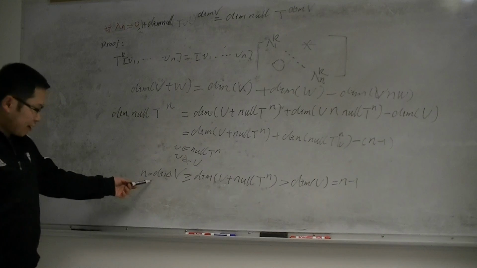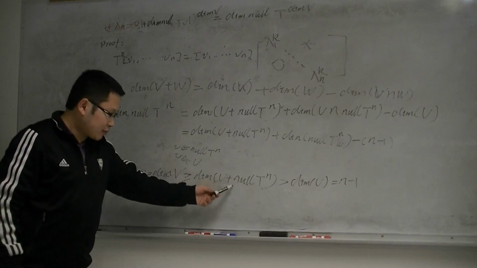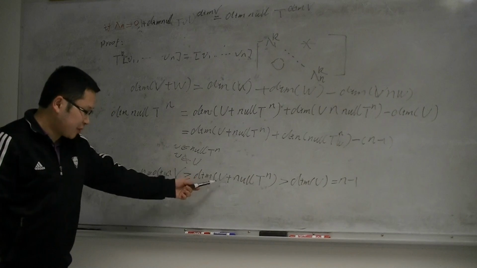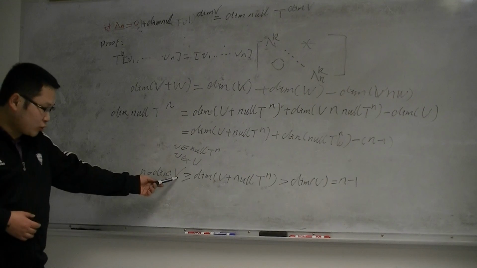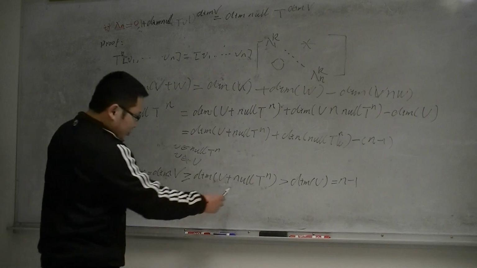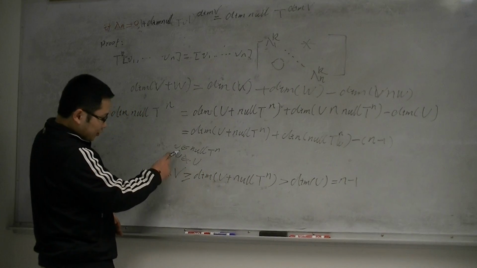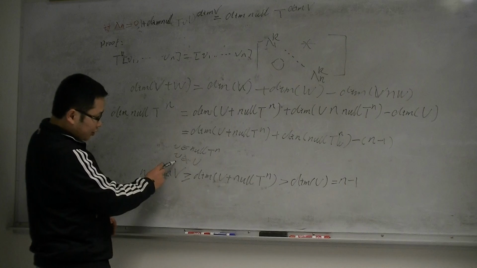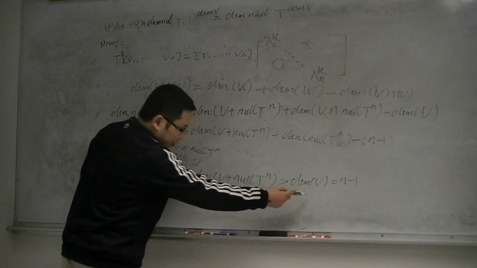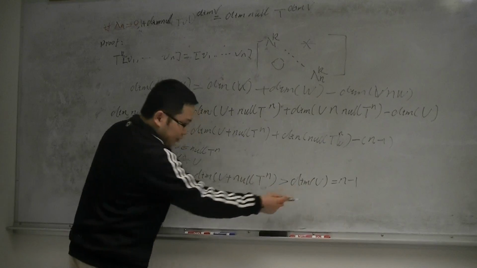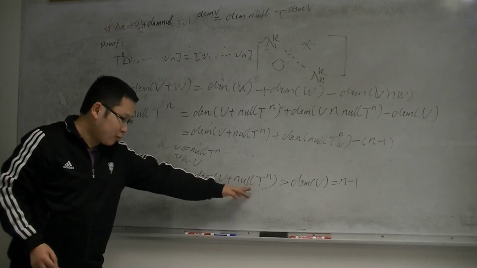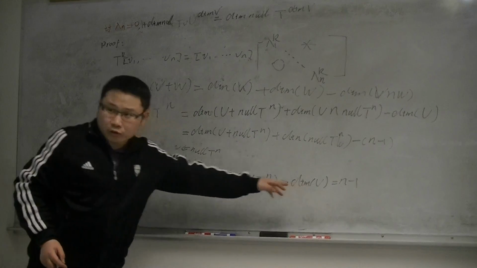Because the whole space has dimension n, the null space and the subspace cannot exceed the whole space. So this exists. And also, if I can find some vector in Tn and not in U, then this dimension must be strictly bigger than the dimension of U, because I found some vector not belonging to U here.